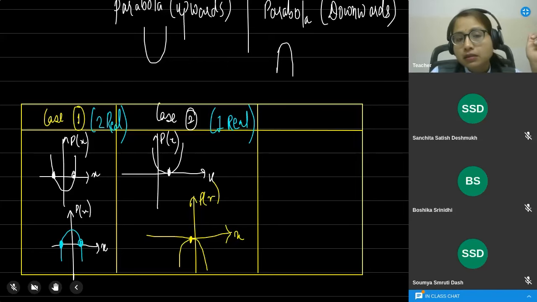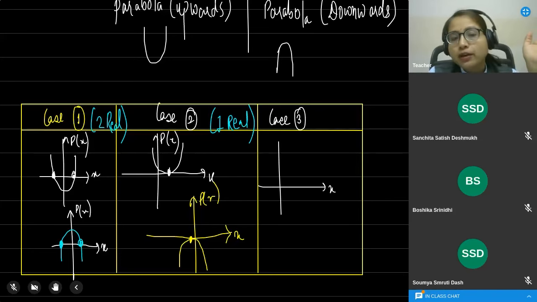Case number three, when we say that there are no real zeros. In such a case, when you solve that polynomial equation, you are not able to find any real zero. There is no such value of x for which p(x) equals 0.